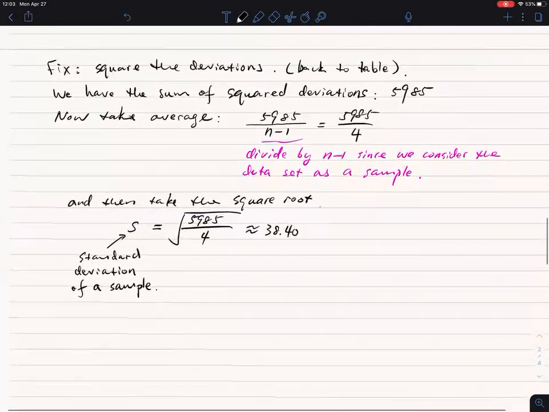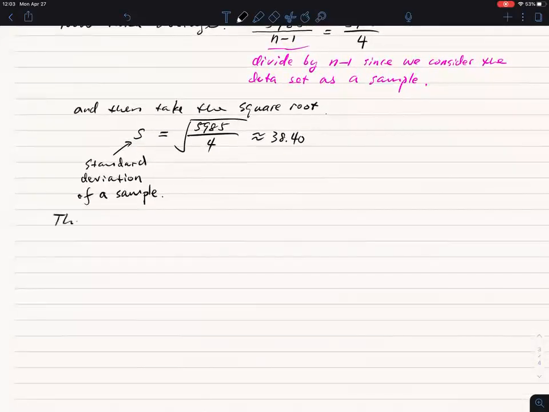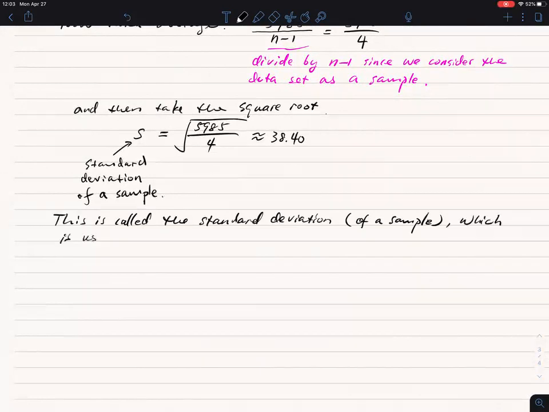Okay, so this is called the standard deviation, actually, of a sample, which is used to measure the dispersion of data.